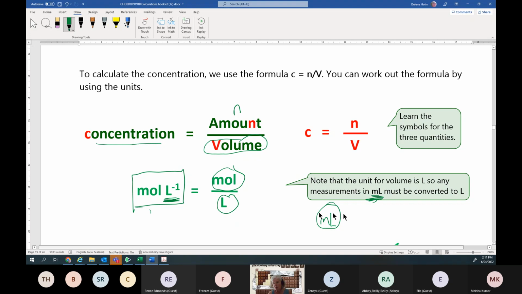So I always have to convert milliliters to liters, and the easiest way to do that is just times it by 10 to the negative 3. Depending on what sort of calculator you've got, you might just hit the exponential button, but I think most of you have programmable calculators, so you should be able to work it that way.